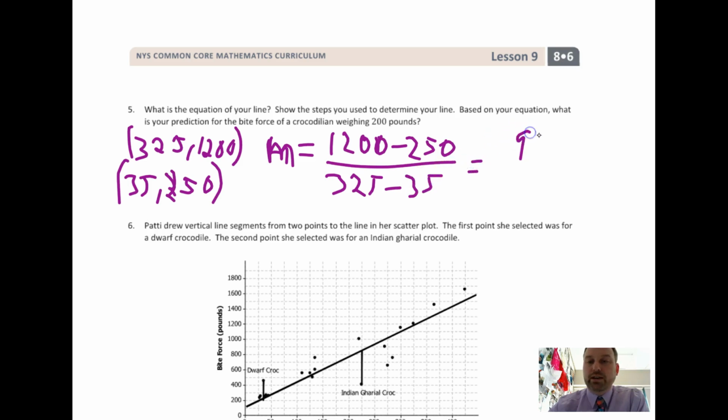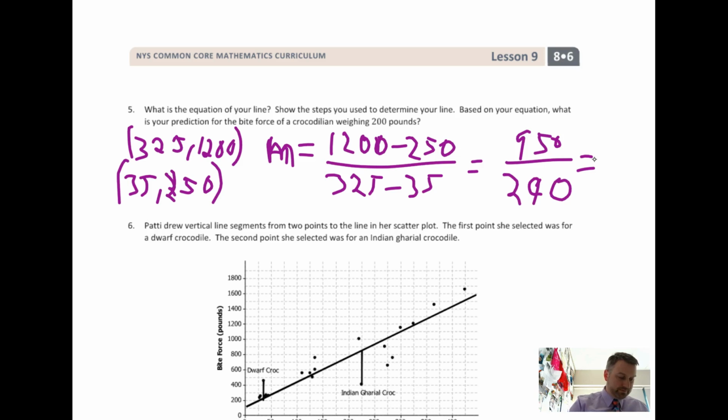Subtracting, you get 950 all over 290. That works out to 950 divided by 290, which I'll call 3.3. So that's the slope.